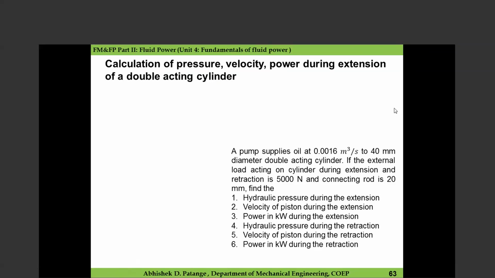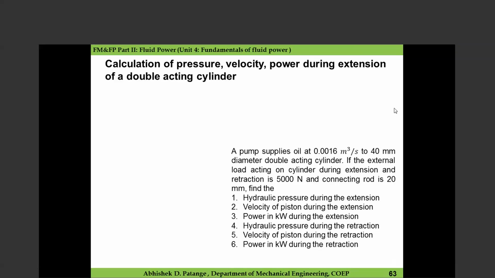If the external load acting on the cylinder during extension and retraction is 5000 Newton and the connecting rod is 20 diameter, find hydraulic pressure during extension, velocity of piston during extension, power in kilowatt during extension. Similarly, pressure during retraction, velocity during retraction, and power during the retraction.